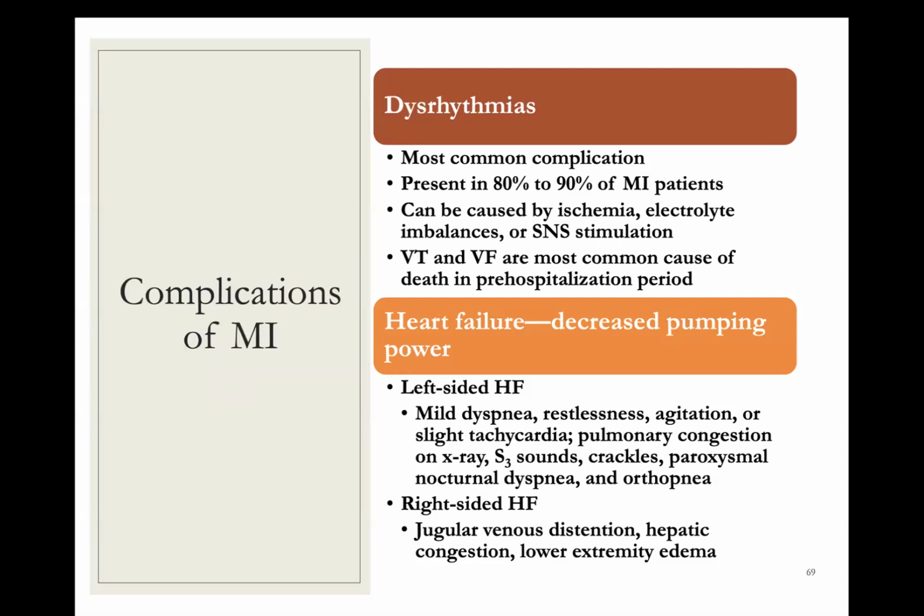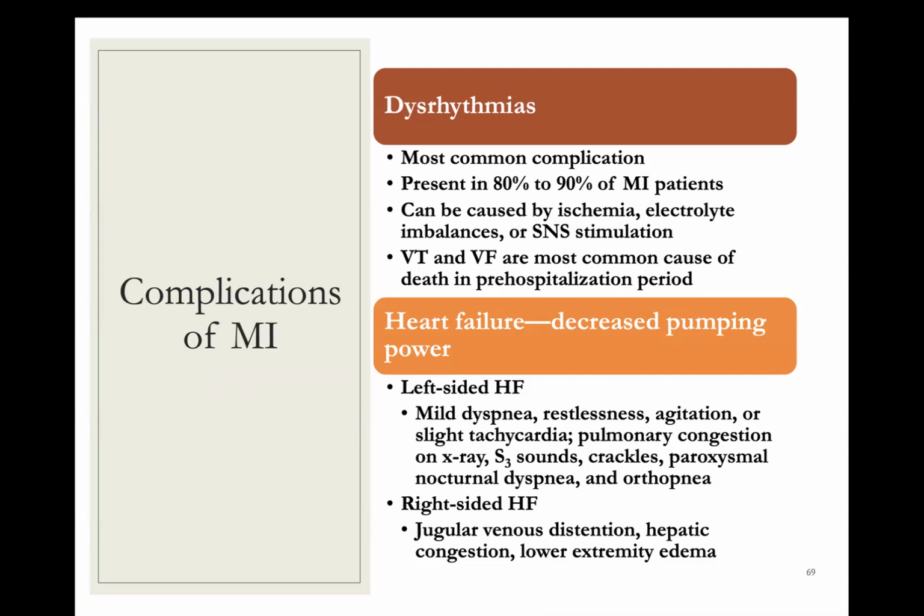All right, so complications of MI: dysrhythmias. About 80 to 90% of MI patients also have dysrhythmia with or after their MI. It can be caused by ischemia, different electrolyte imbalances, or just all the activation of the sympathetic nervous system that is going on.